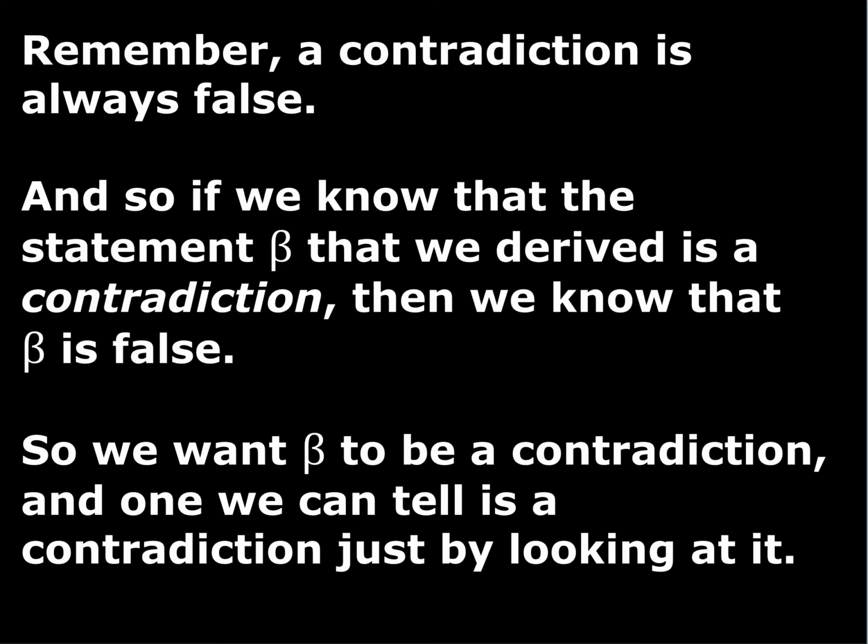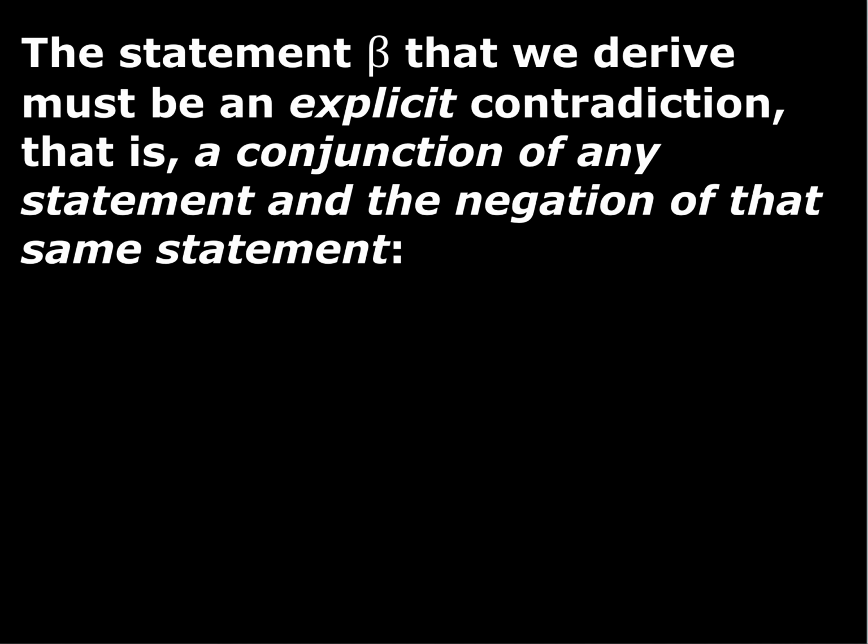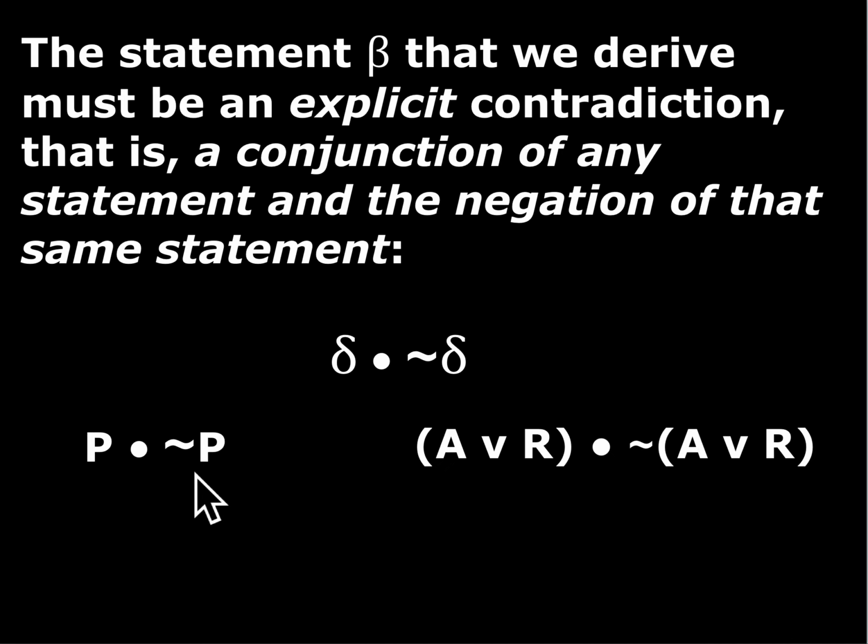Because if you just look at a statement and you see that it's a conjunction where one of the conjuncts is the negation of the other, you know it's a contradiction. Okay? And so it's going to be any statement of this form. Delta, so it's a conjunction of some statement and the negation of that same statement. So P and not P, this is an explicit contradiction.